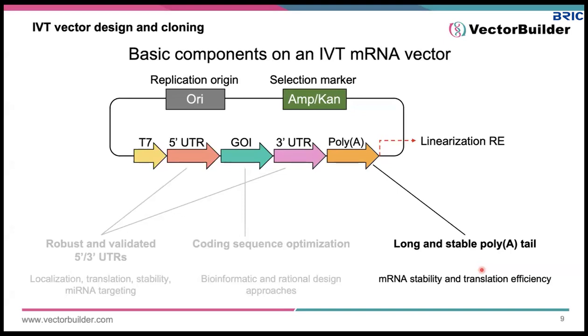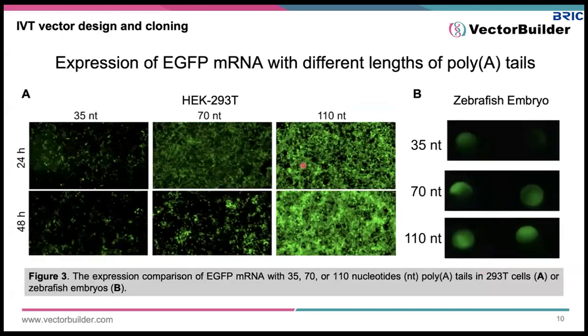Of course, that is a very simplified version of how to interpret the effect of a long poly A tail. So in terms of the function of the long poly A tail, in cells or in vivo, let me show you a couple of really good comparisons.